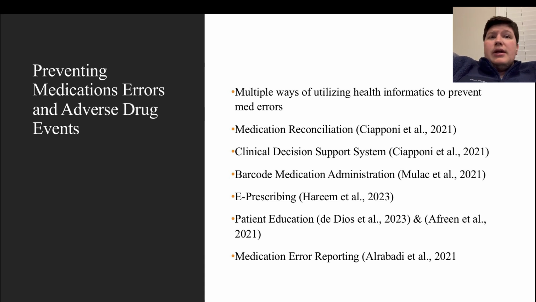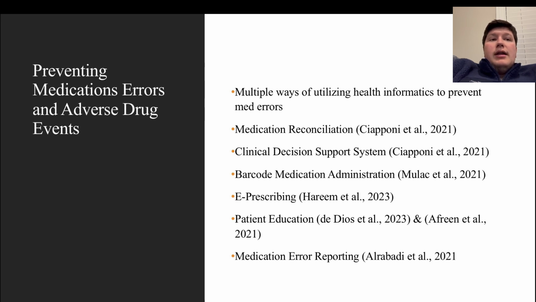There's also barcode medication administration. So that is scanning the patient, scanning a barcode. It all gets transferred into the medication administration record. And while this is effective, the systems are prone to errors if not properly followed, such as not scanning the barcodes, technical issues, or anything of that nature.